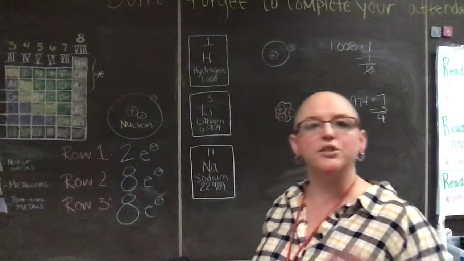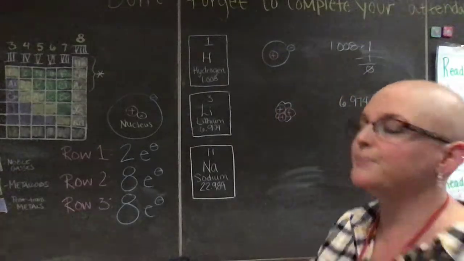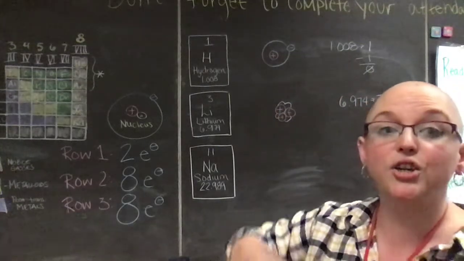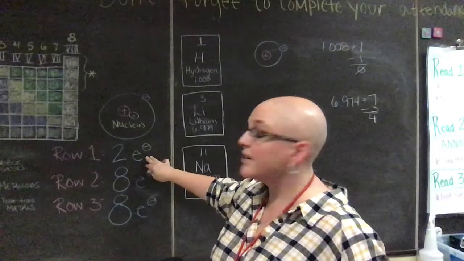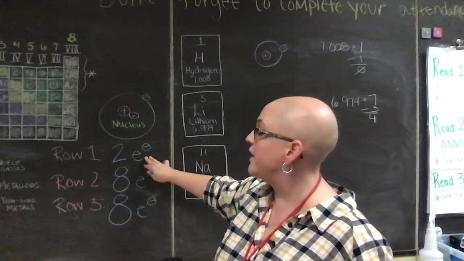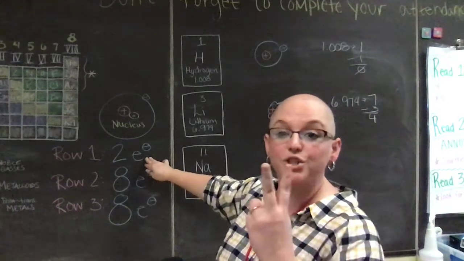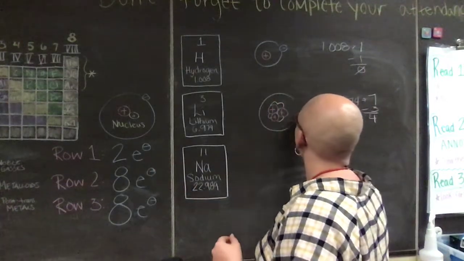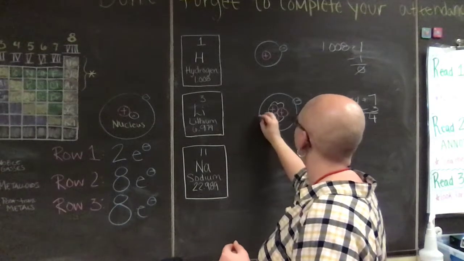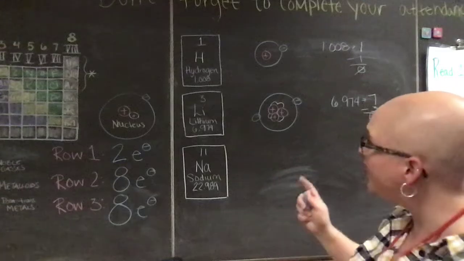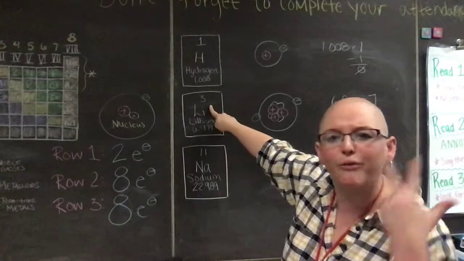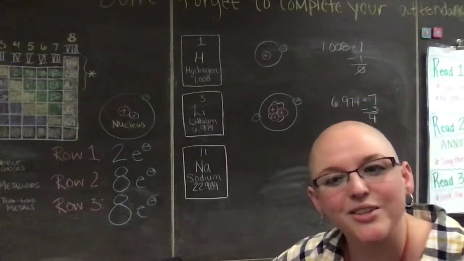But how am I going to organize these electrons? Well, according to our rules of the periodic table, the first ring or shell of the atom can contain up to 2 electrons. So 1, 2. There's my 2 electrons on the first shell, but it's atomic number 3. So we know that there's a third electron.